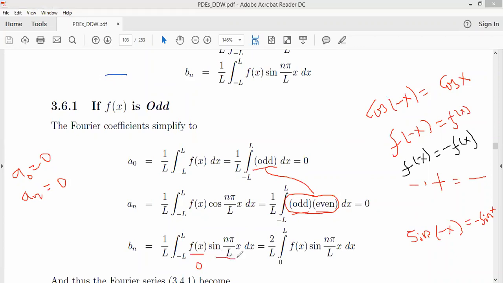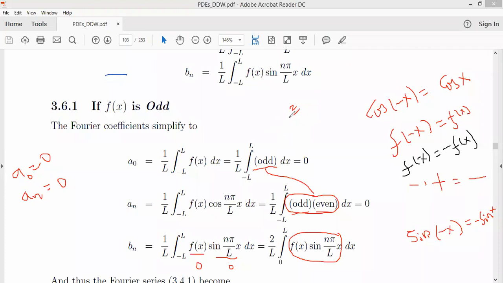What is sine? Sine is also odd. So you have odd times odd, which is even. So since odd times odd is even, then it means the whole of this thing here is even. And it being even, remember we said it is 2 over what?